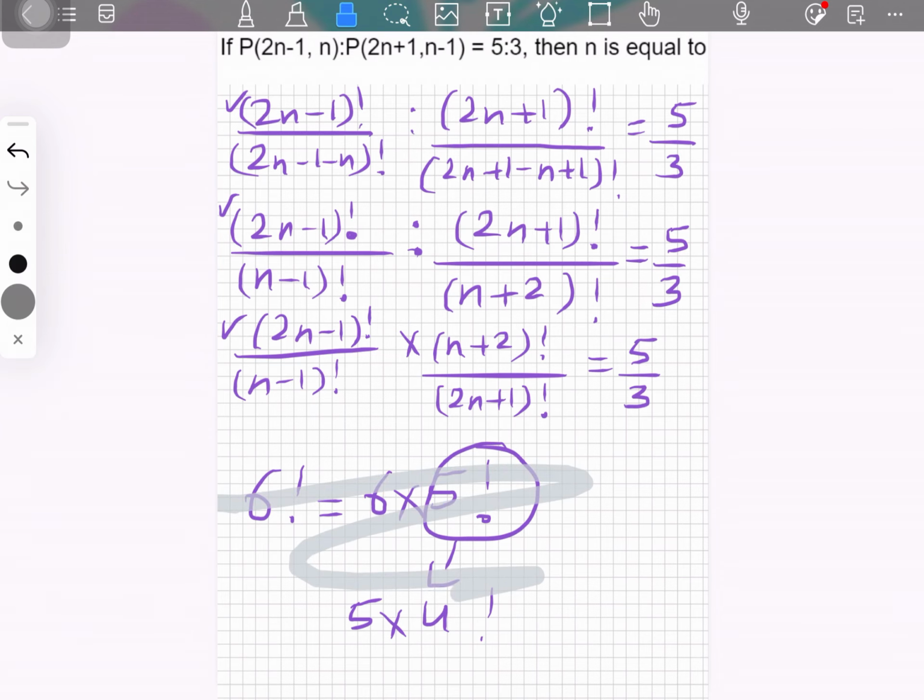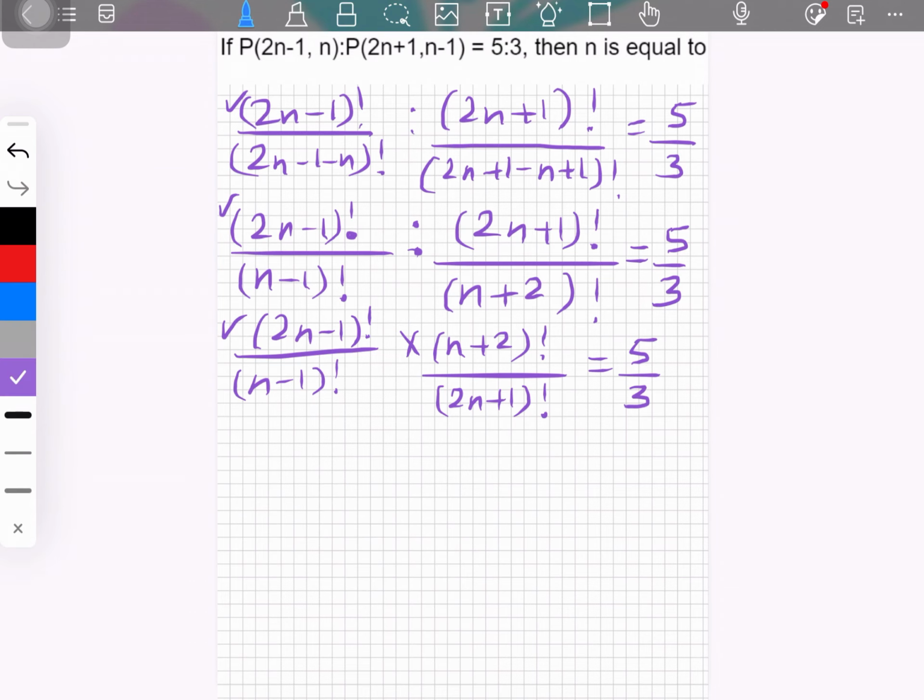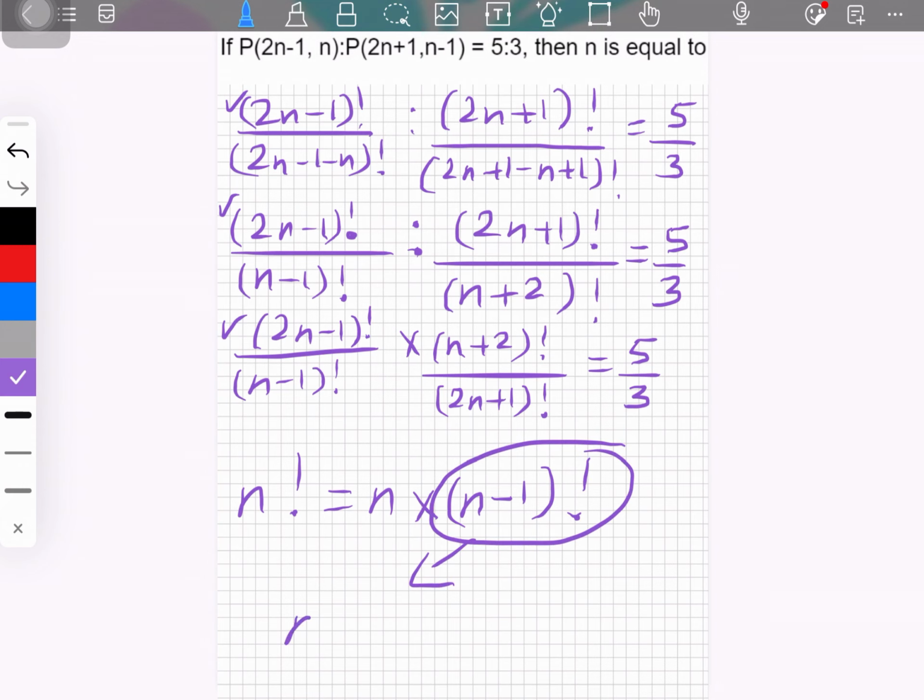In short, you can write n factorial as n times n minus 1 factorial, and again n minus 1 factorial can be written as n minus 1 times n minus 1 minus 1 factorial. So n minus 1 minus 1 will be n minus 2 factorial, right?